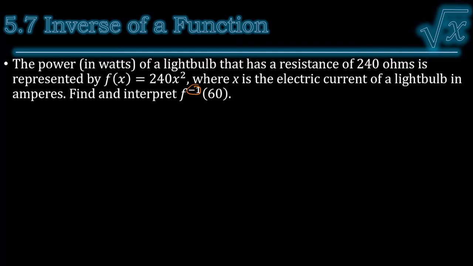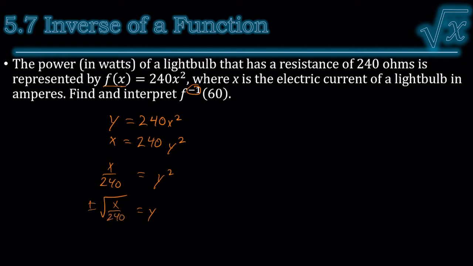Okay, so let's start by just making that a y. Let's switch the x and the y, and solve for y. And we'll have to square root. Now, when we square root, we should have a plus and minus. But let's think about this.